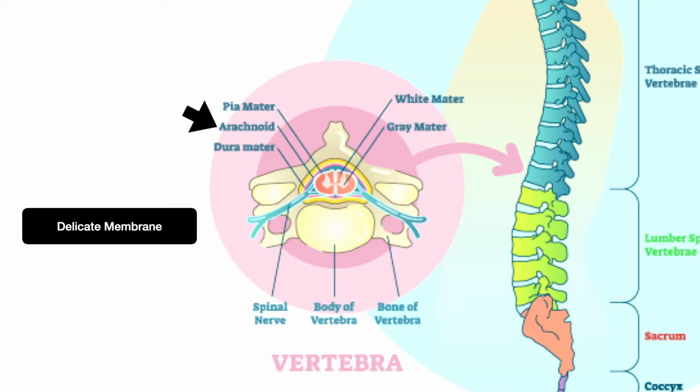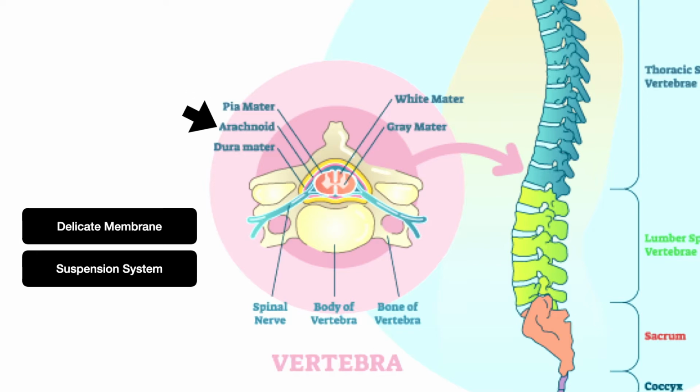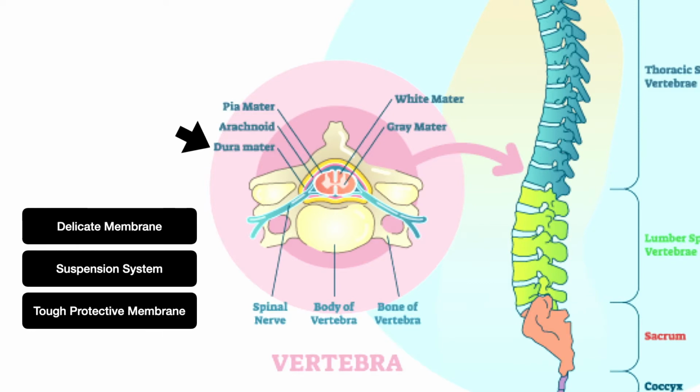The arachnoid is a kind of spider web, that's why it has that name, a spider web structure that's like a shock absorbing suspension system that allows the spinal cord some movement without damaging. And then a very tough dura mater, which is a membrane on the outside of that suspension system.